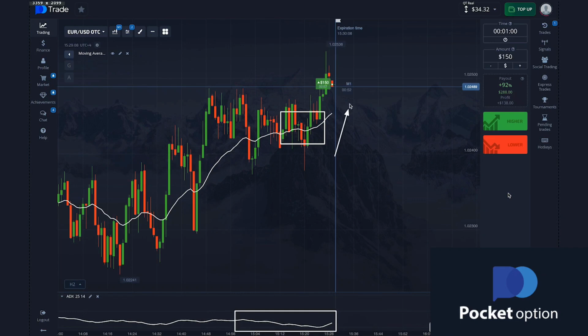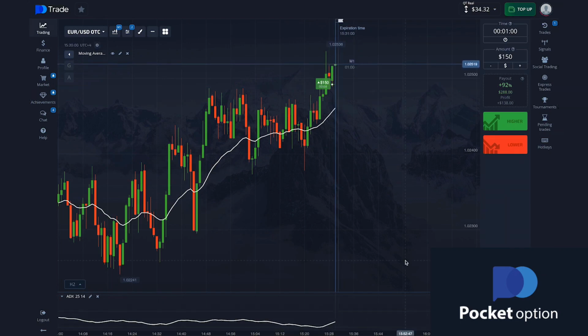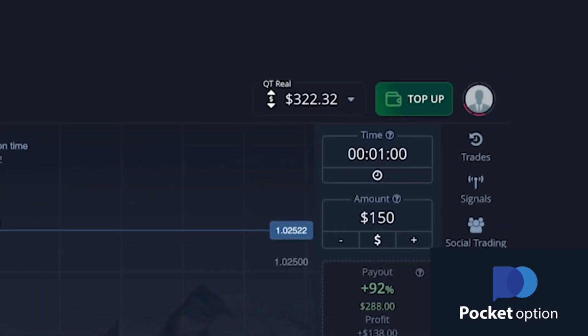Also, there is a good trend movement and trend breakout. The candles gave a very good movement, and I think the trend will continue and I will make money. Let's watch. Good result. I made a profit of $138 and my balance is already $322.